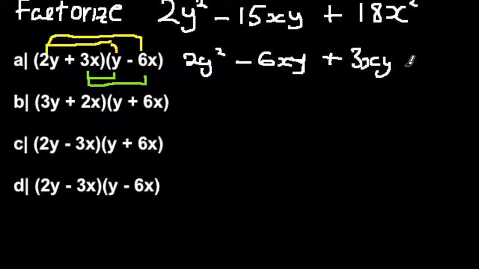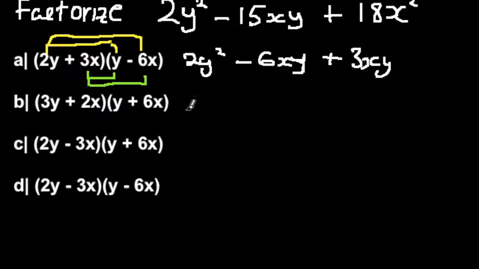And before we even continue, we can already tell that this is not going to be the correct answer, because when you combine the 3xy and the 6xy, you're going to get minus 3xy, which doesn't match the 15xy. And since we're trying to save time, we can immediately just cross this one out and say the answer is not A.